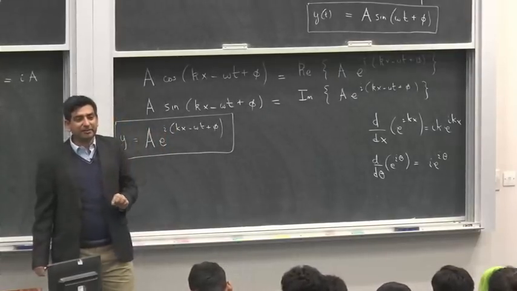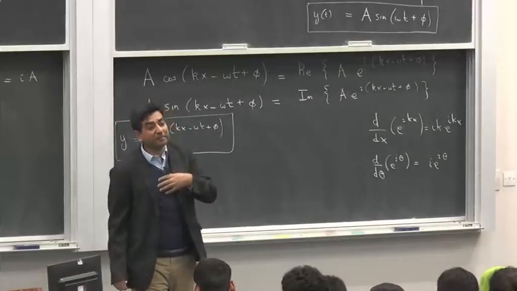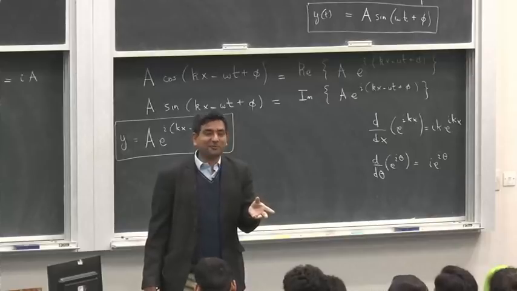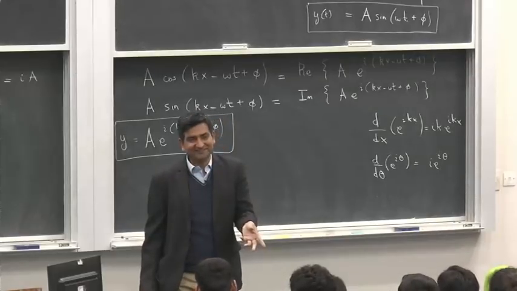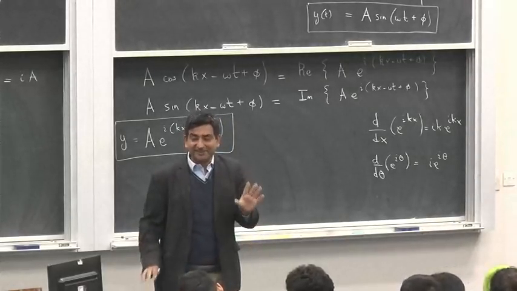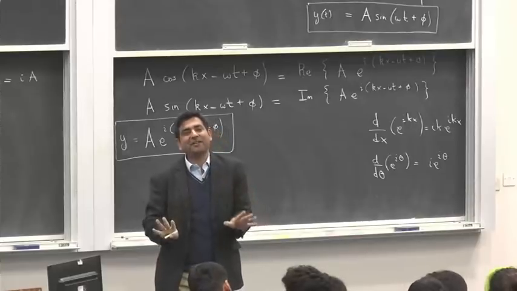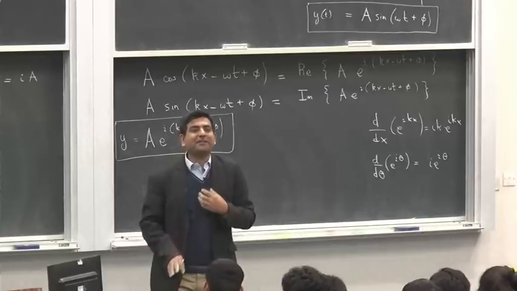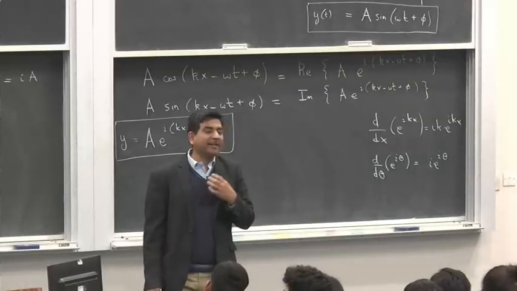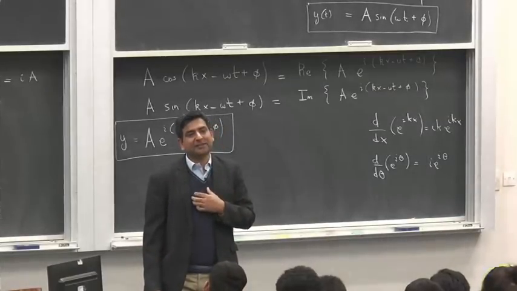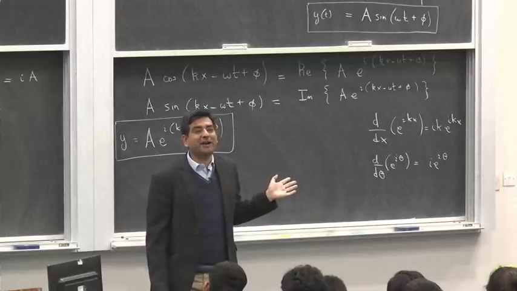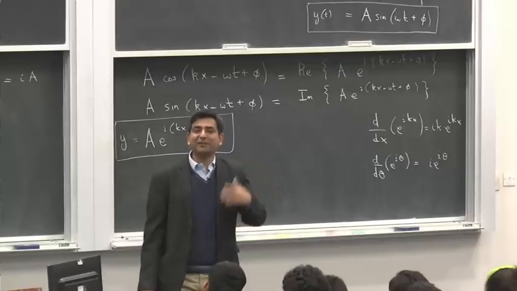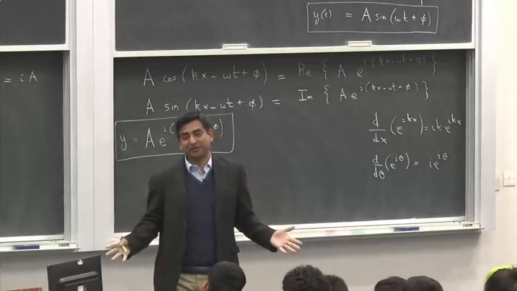At the moment, I agree and I admit that instead of notational simplicity, this might look like notational complexity. And I admit it, at the moment it might seem to be the case. But take me at my word, as we go through this course, this will turn out to be a blessing. We don't want to write sine and cosine over and over again, we just want to write exponential functions.